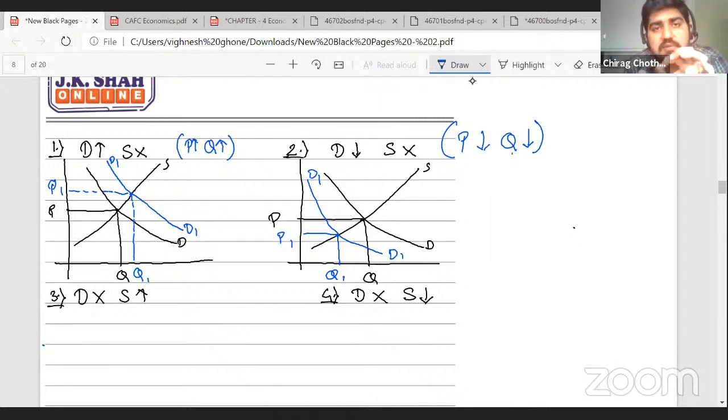Now, because the income has increased, people will buy more of inferior quality goods or superior quality goods? Superior quality goods. So in case of inferior quality goods, the demand will decrease. If the demand decreases, the demand curve will shift towards left, which is the second case. If the demand curve shifts towards left, the equilibrium price and equilibrium quantity both will fall. Very clear in this, right?